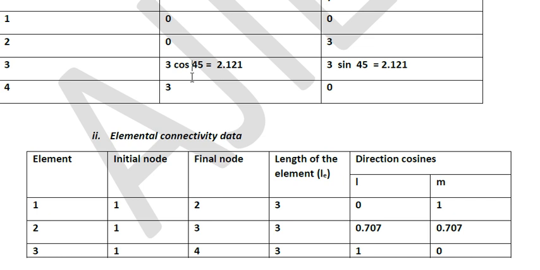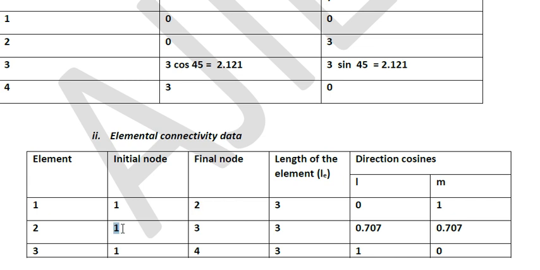The element connectivity data is a very important concept. There are 3 elements: 1, 2 and 3. Element 1 has initial node 1, final node 2.